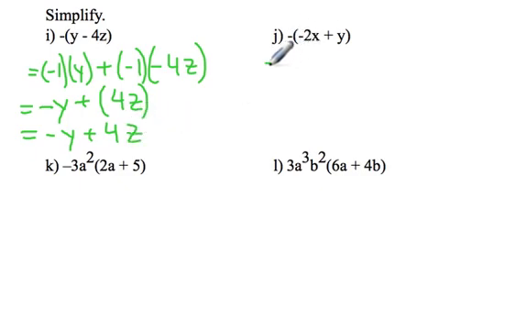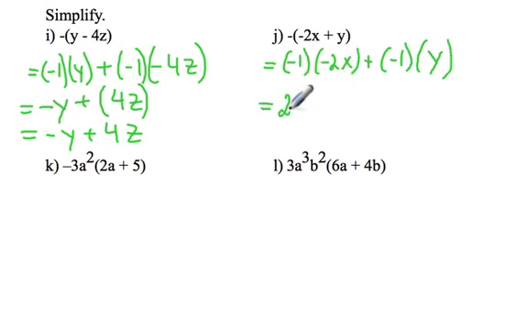Question J. Negative 1 times negative 2x plus negative 1 times positive y equals negative 1 times negative 2x is 2x plus negative 1 times y is negative y, and that equals 2x minus y.